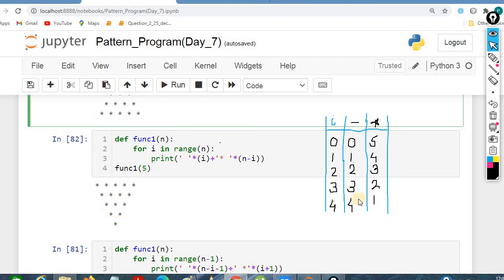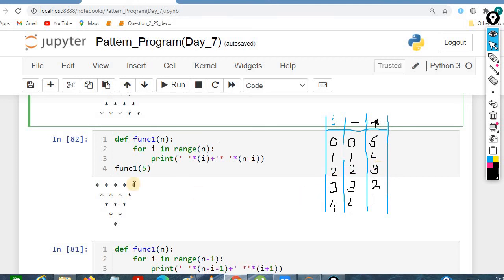And how many stars are we going to print? For the 0th iteration I am providing the logic of n minus i, so we are getting 5 stars in this. For the first iteration we are getting 4 stars, 1, 2, 3, 4, this way.